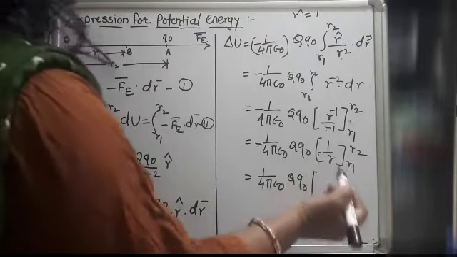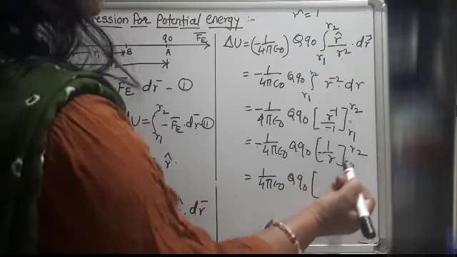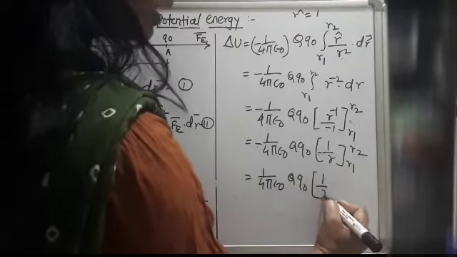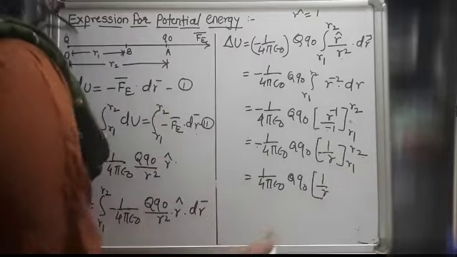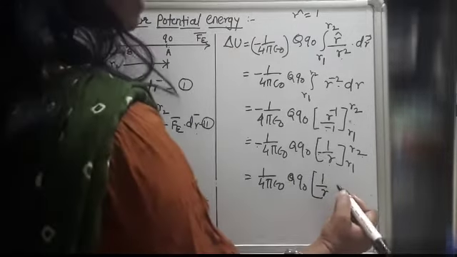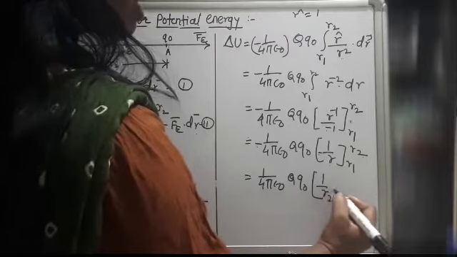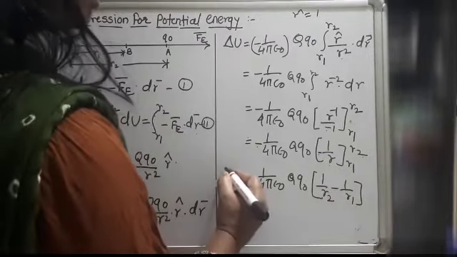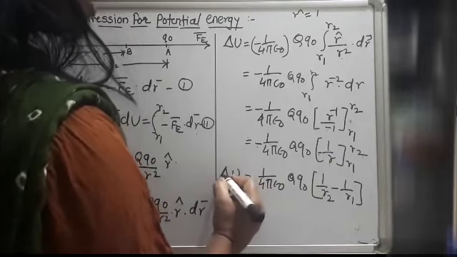Then we substitute the upper and lower limits in place of r. First we substitute the upper limit, 1 upon r, and there is a minus sign between the upper and lower limits. So 1 upon r2 minus 1 upon r1. This is the equation of the increase in potential energy.